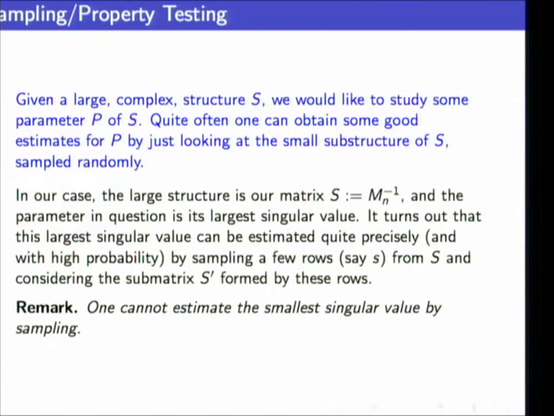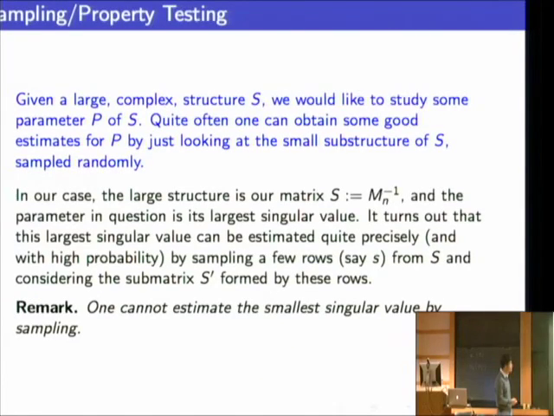It turns out that we can use the sampling technique to estimate sigma_1 of this M_n inverse by just sampling a few rows and the corresponding columns. That was the first step, motivated by the property testing ideas.